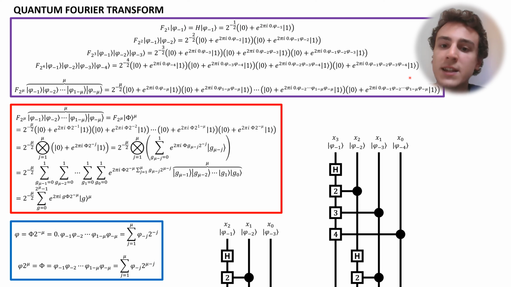If we go all the way to the right, we can see the full bit string that specifies the computational basis state that we're initializing the mu-qubit system in. We can see phi sub minus 1 all the way over to phi sub minus mu. So the second last term has a subscript of 1 minus mu.